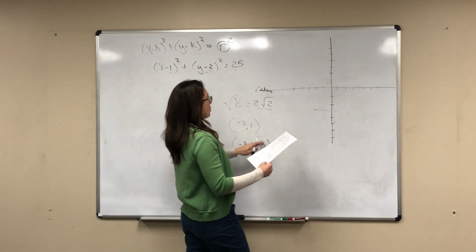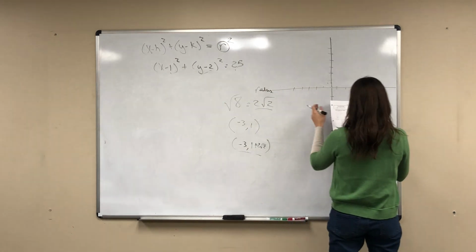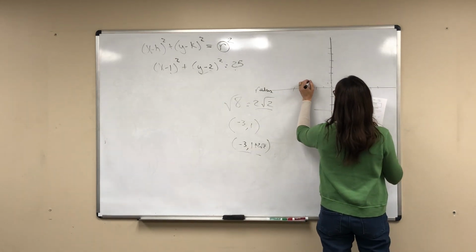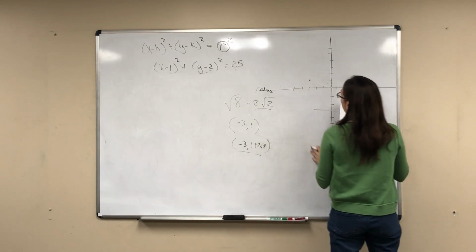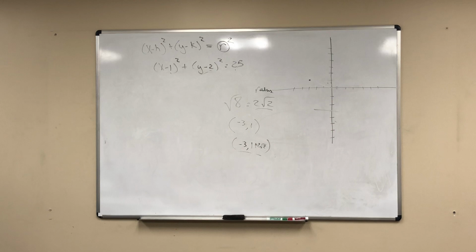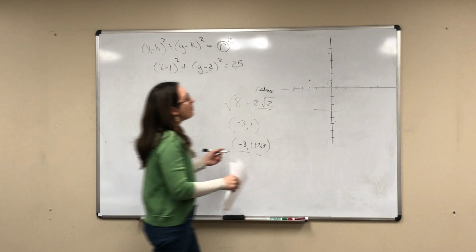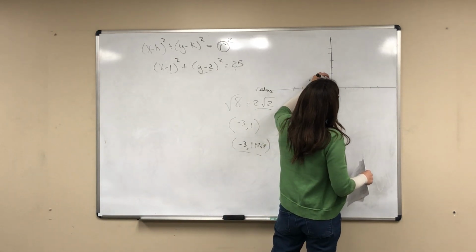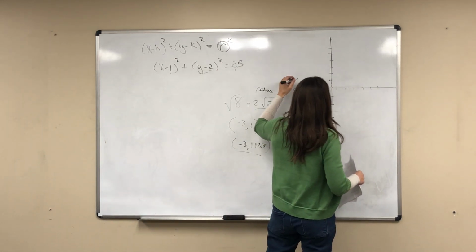Okay, so if you were graphing it here and we had -3, 1, my radius is, and you can use a calculator for this, 2.8.